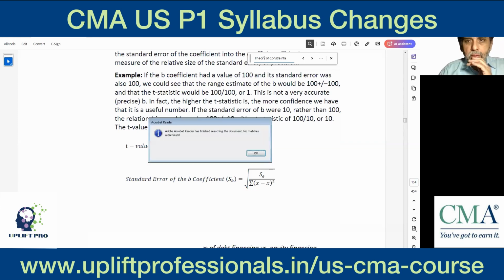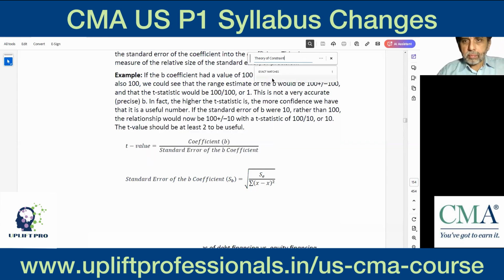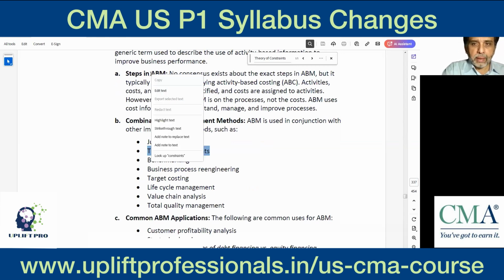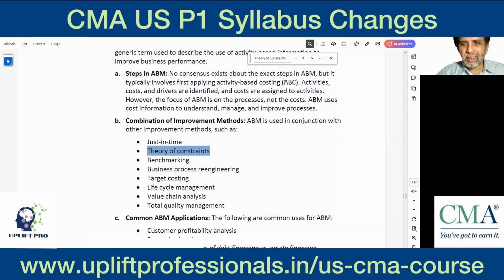It's there. And ABM is also there, the active steps in ABM, that is activity-based management. Probably in connection to activity-based costing, he has spoken about it. But according to the summary given by IMA, this is not included in the syllabus.